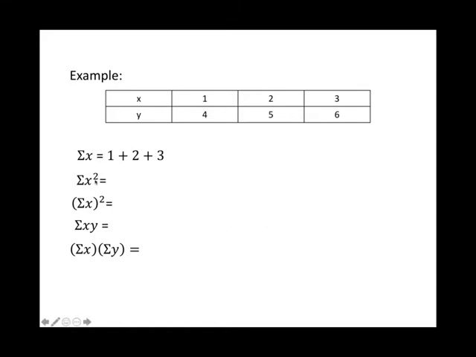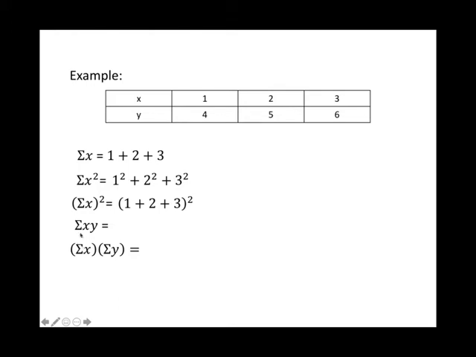Summation X squared. So you want to take the square first and add it up together. Okay, so 1 squared plus 2 squared plus 3 squared. Summation X and then take the square. So this means you want to add up all the X values and then take the square of the total. Make sure you don't mess up these two. One is without the parenthesis, one is with the parenthesis.